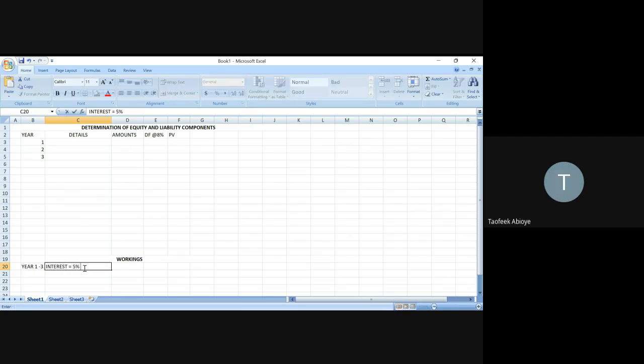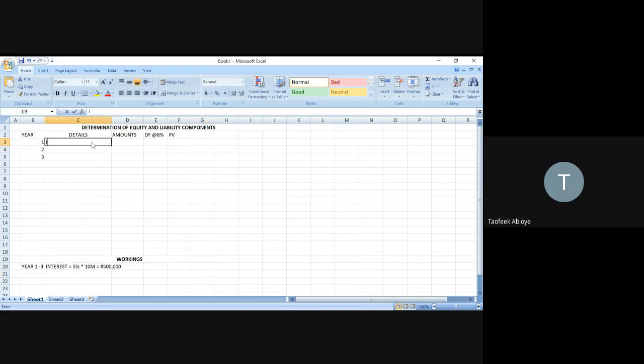So 5% of 10 million naira, what is it going to give us? 500,000. So the interest we will be collecting every year is 500,000.